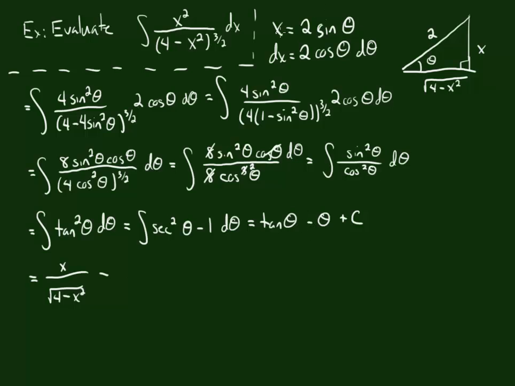We know that x is equal to 2 times sine of theta. That means, let's just draw this in a box on the side, that x over 2 is equal to sine of theta. And if we apply arc sine to both sides, we know that arc sine of x over 2 is equal to theta, which is what we'll write here.